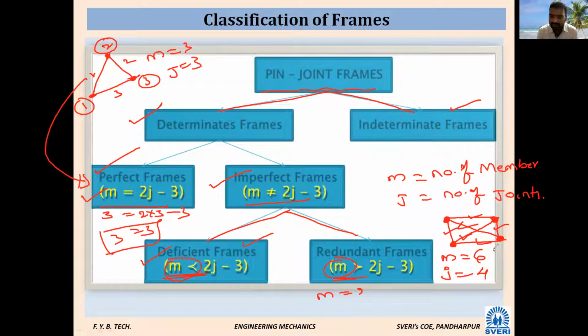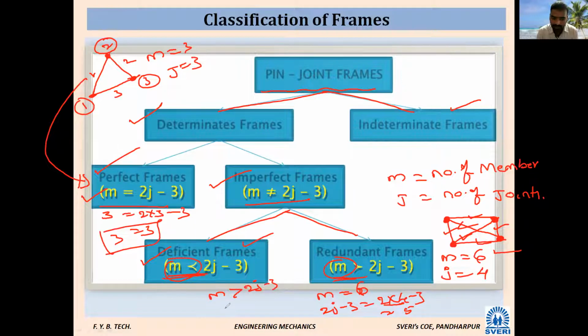So now m is equal to 6. 2j minus 3: 2 into 4 joints, 8, minus 3 is 5. It means m is equal to 6 and 2j minus 3 is equal to 5. So m is greater than 2j minus 3. Yes or no?